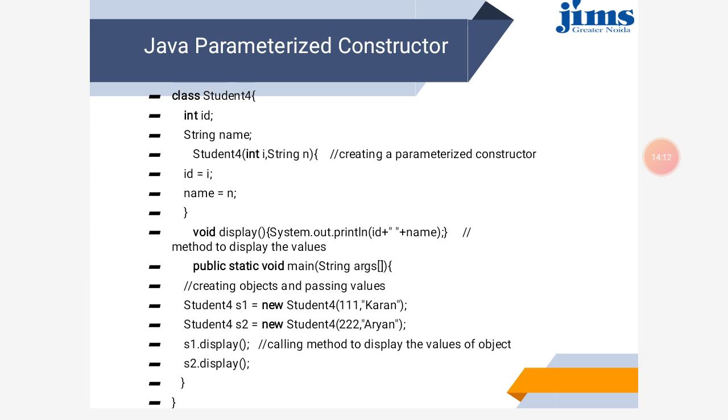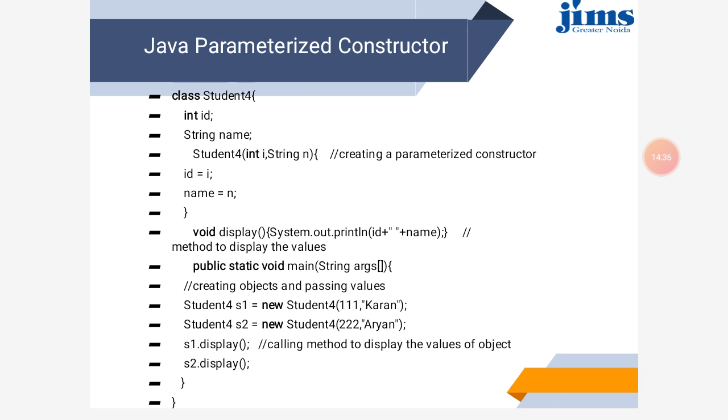One will be its id and the second one is its name. And one constructor is mentioned that is used simply to initialize instance variables. And this class has one method, that is the display method, which is displaying the id and name of the object.